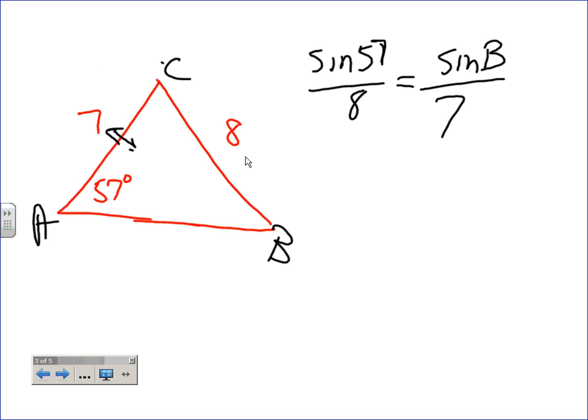Well, the answer would be one solution if we were on Friday's notes, but we are on Monday's notes. And so we have to actually go find them now. Are we expecting angle B to be more than 57 or less? So go ahead and solve it now, please. It should be review how to do that.